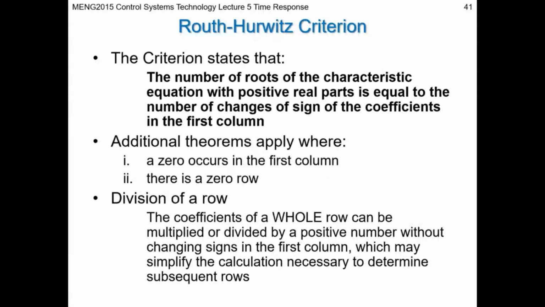But also, just to complete the mathematical definitions, if you have a whole row that could be multiplied or divided by a whole number, you can multiply or divide it by that positive number without changing the signs, and therefore without changing any of the logic or the tests of the Routh-Hurwitz criteria. And that might sometimes make it simpler to calculate.